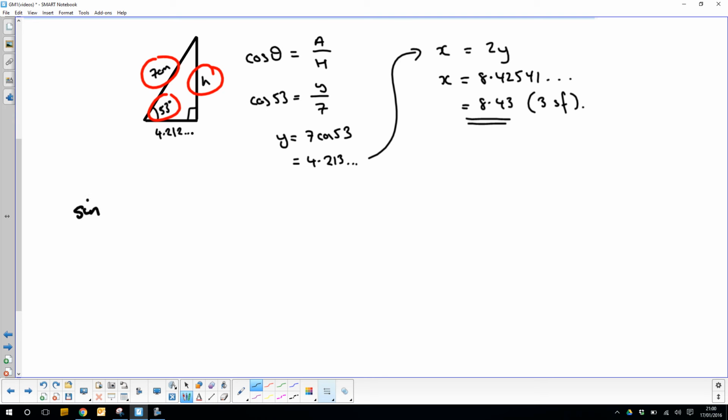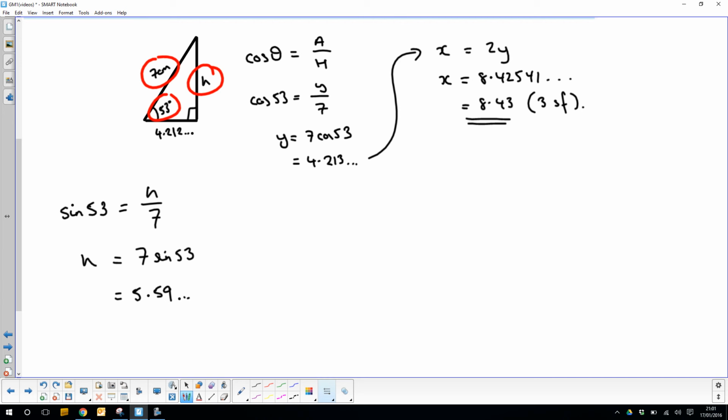So we've got sine 53 equals h over 7. So h is 7 sine 53. And 7 sine 53 is 5.59. Okay, so that's the height.